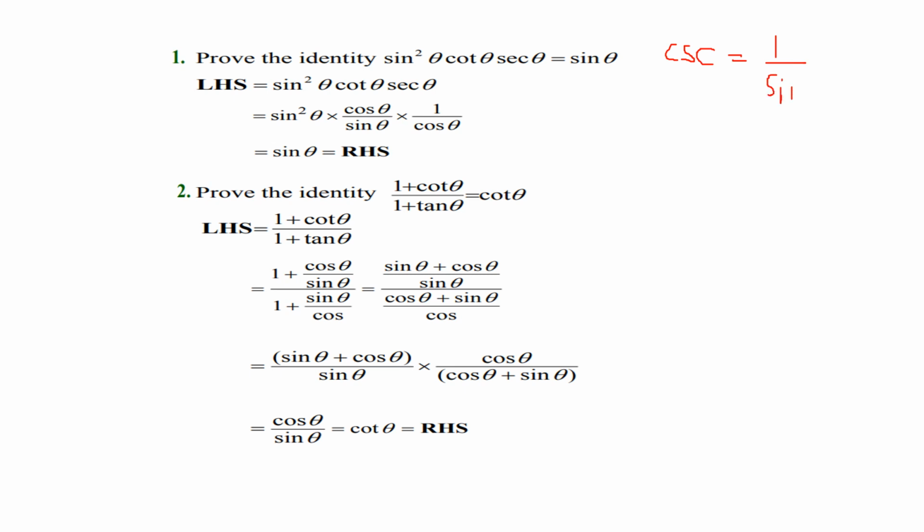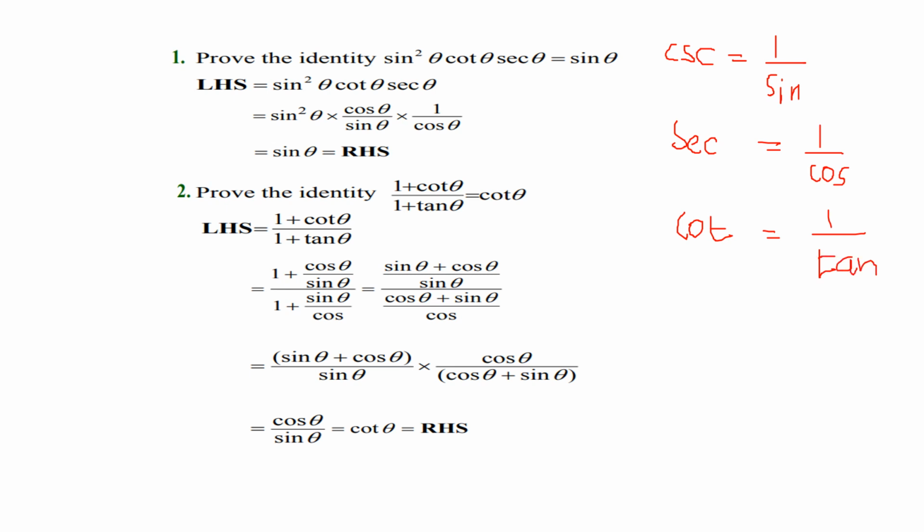Secant is 1 over cos. Then cot is 1 over tan.